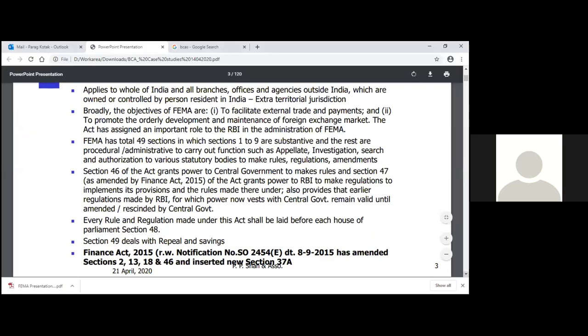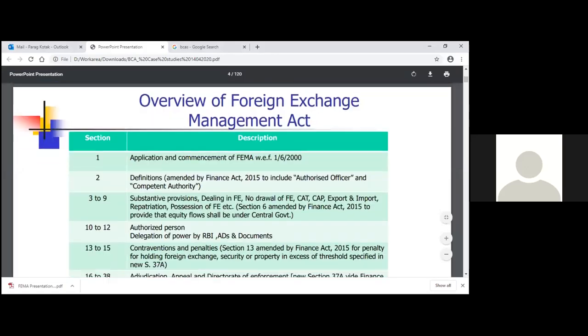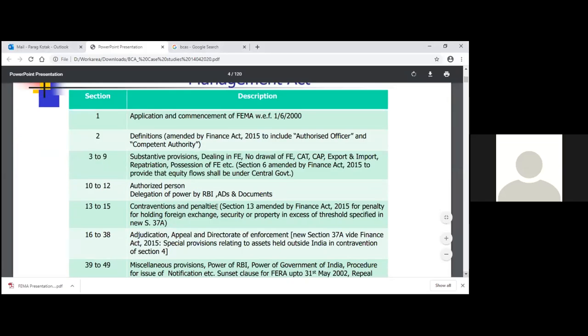So in the last 10 years, you will notice that most of the provisions from section 1 to 49 have been intact and they were amended through the various notifications of the capital account transactions and the current account rules.